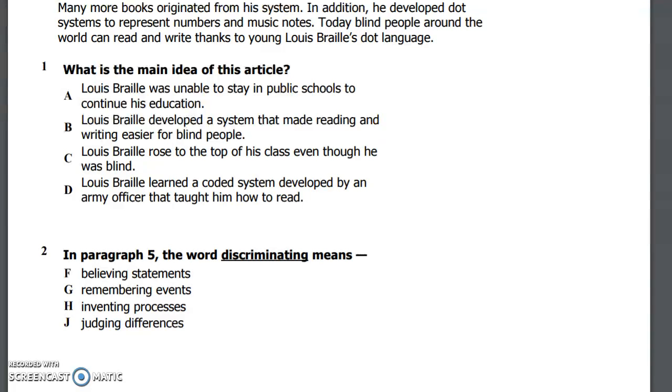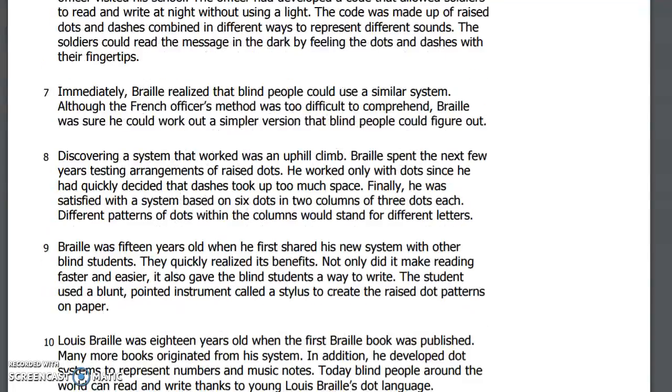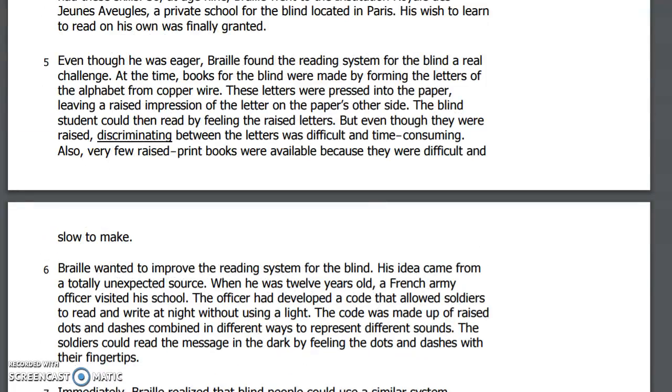So what we're going to do, we're going to fill those answer choices in to that word, and we're not just going to read the sentence, we're going to read the context around it to make sure it makes sense in the context. So for the first one, believing statements, let's go back up and look. The blind student could then read by feeling the raised letters, but even though they were raised, believing statements between the letters was difficult and time-consuming.